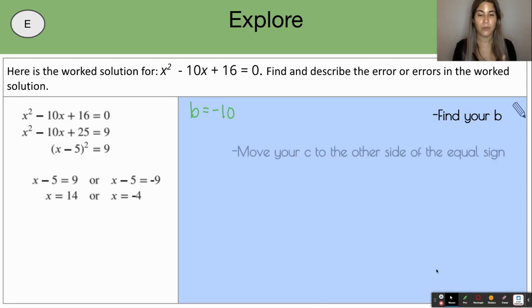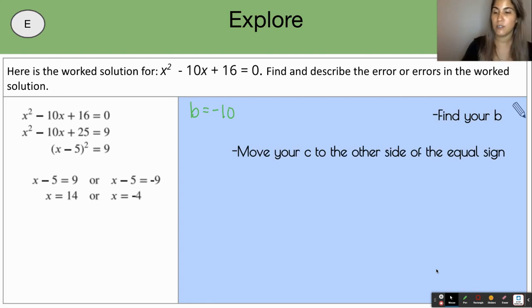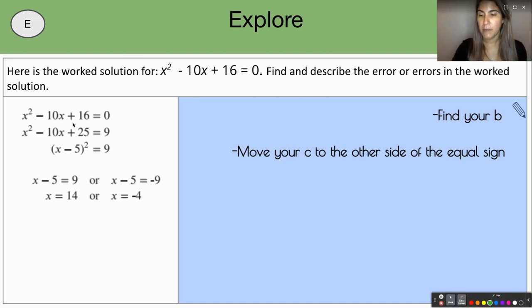What is step 2? Move your c to the other side of the equal sign. So my c is 16. So I'm going to then subtract 16 from both sides, right? Because I want to move this c. So minus 16 and minus 16.